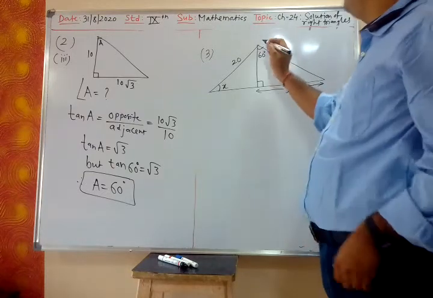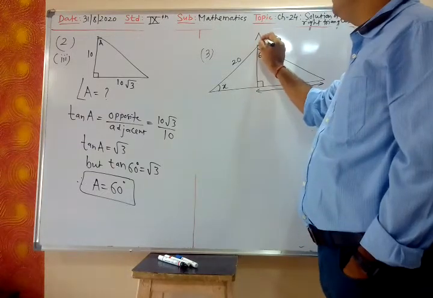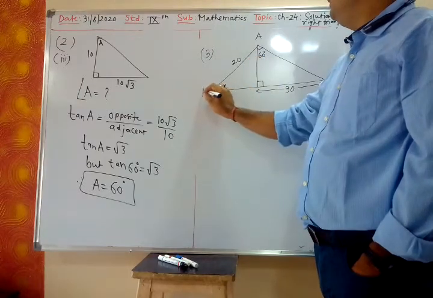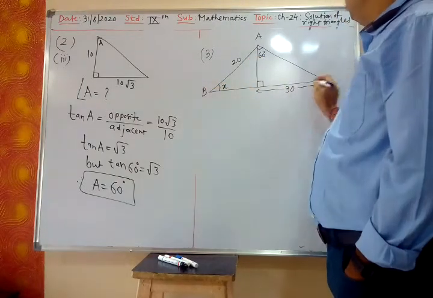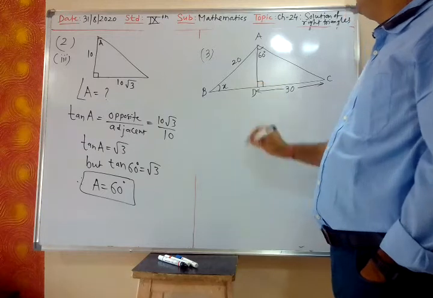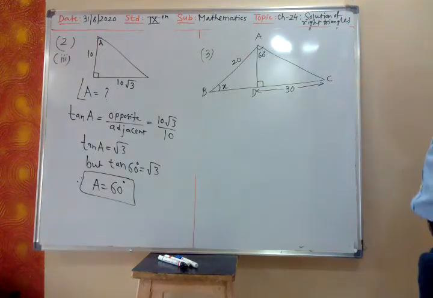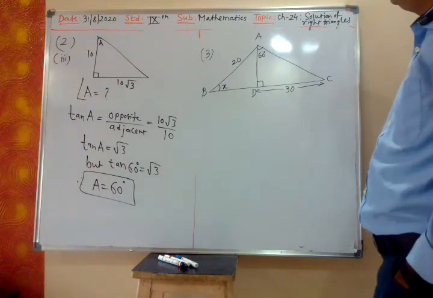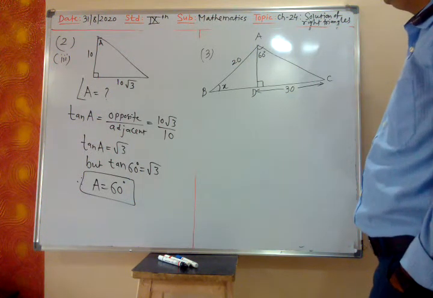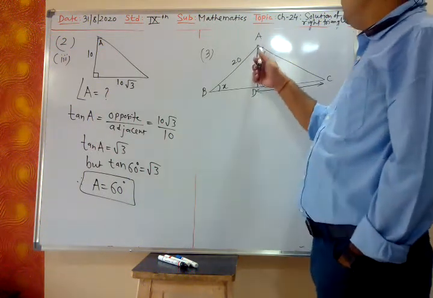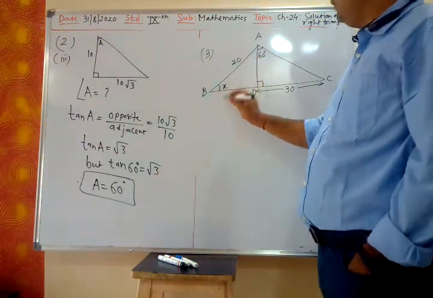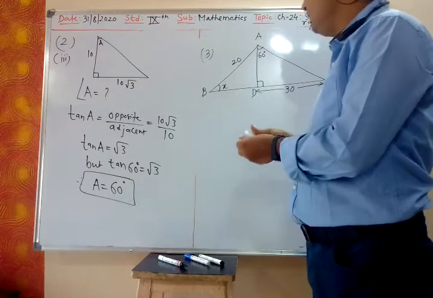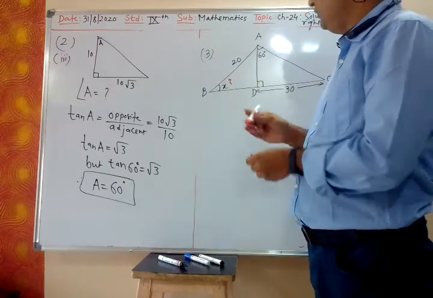For your convenience, you can give the name of the triangle as A, B, C, and this as D. Now this x we have to find.